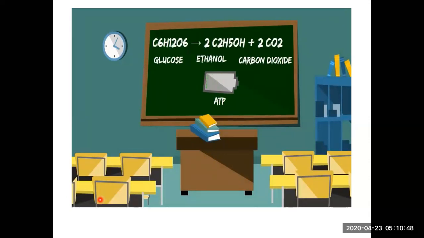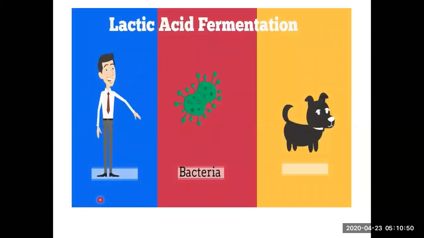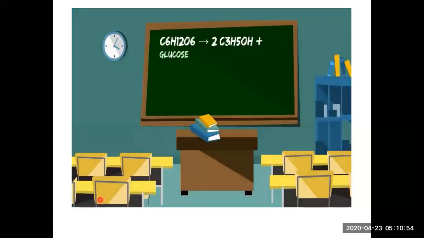The other type occurs in animals, including humans. You take glucose, again technically pyruvic acid, and it's converted into lactic acid plus energy. This occurs when the cell needs energy and there's just not enough oxygen.